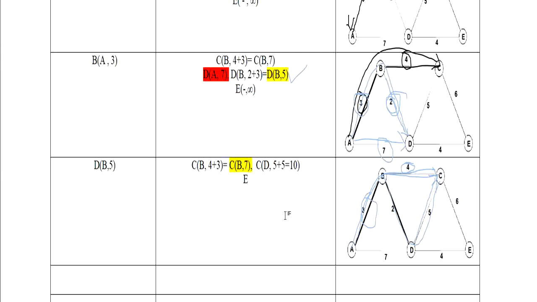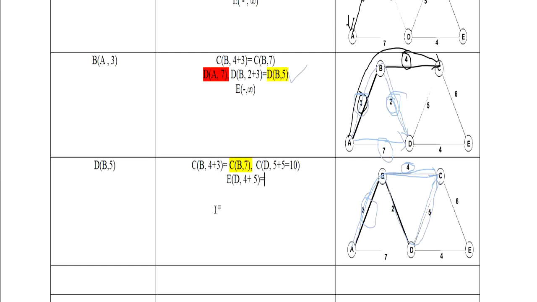Now next I have vertex E. A to E I don't have any edge directly, and B to E I don't have any edge directly, so I am forced to choose vertex E from vertex D, and its cost is 4, plus the cost to reach D, which is 5.